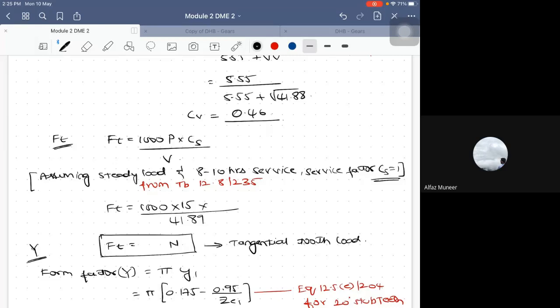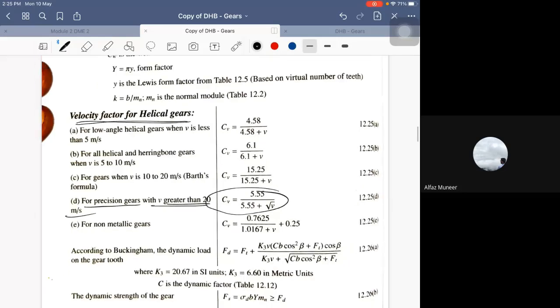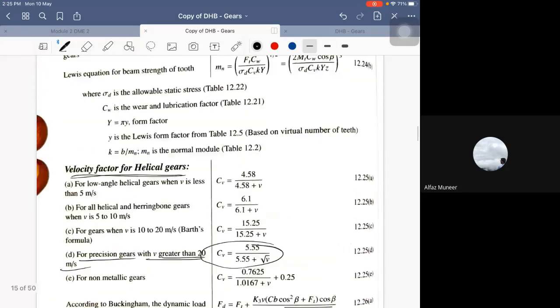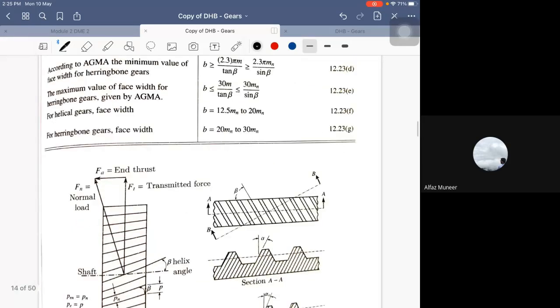Okay. Next, I will just write it here. Give me the value of FT then. You know where this particular equation is being taken? It's a common equation between helical and spur gear. I'm just searching that particular equation number.